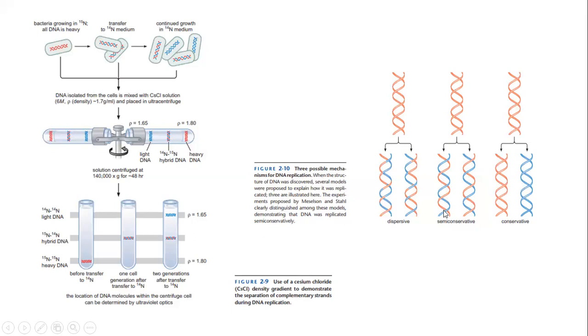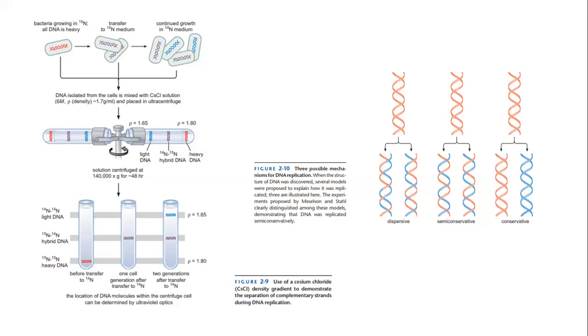This experiment also ruled out two other models, that is, the conservative and dispersive schemes of replication. In the conservative model, both of the parental strands remain together and two new strands of DNA are formed, an entirely new DNA.